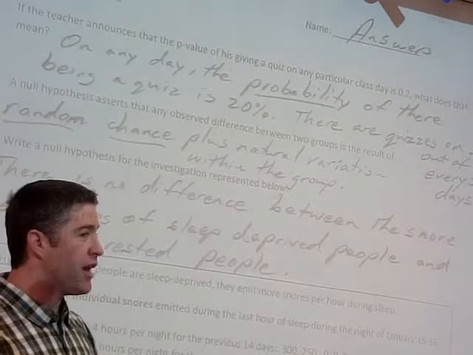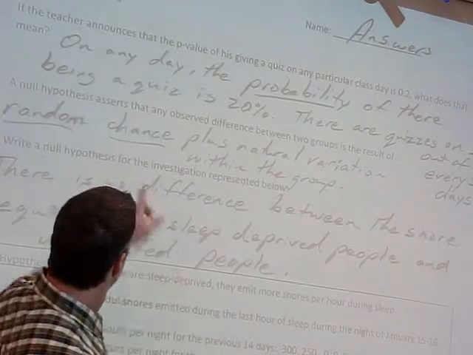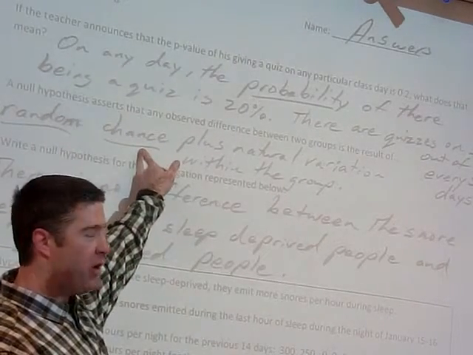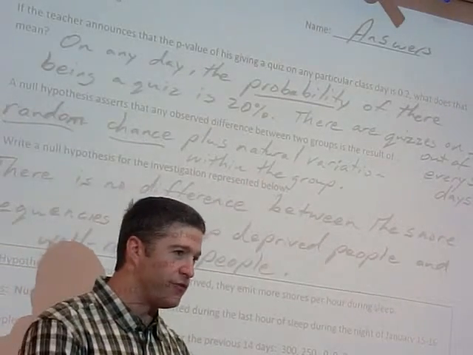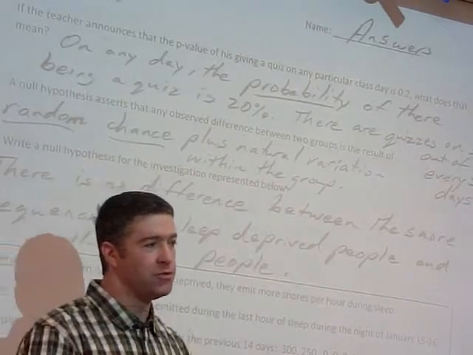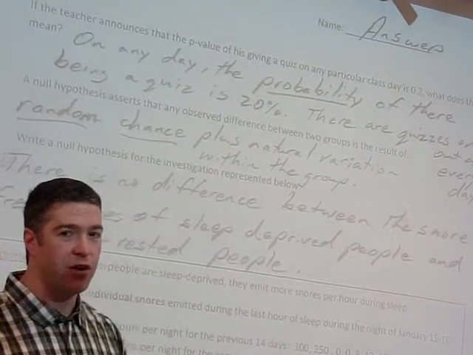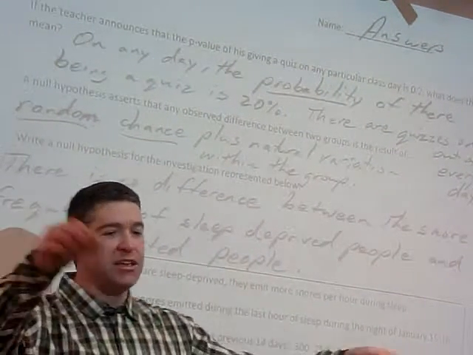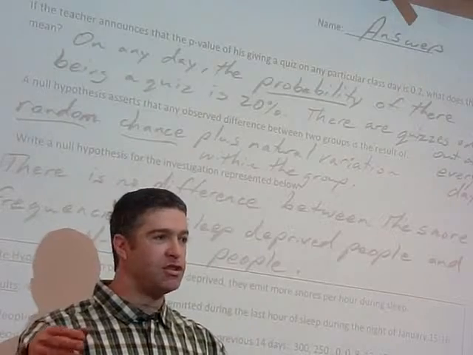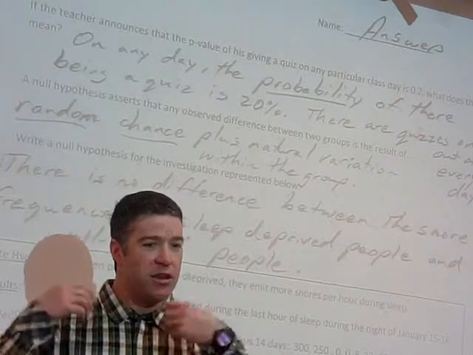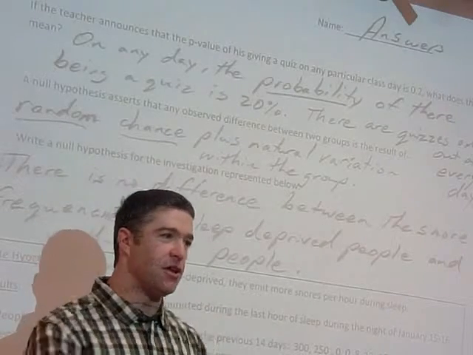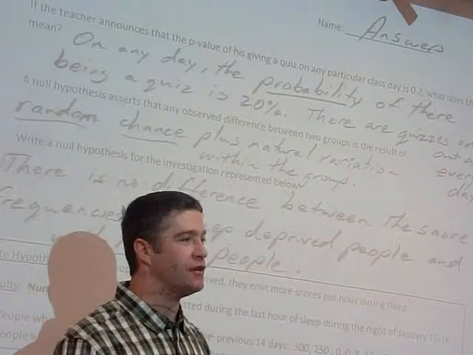It's possible that I could do that because there's random chance involved, and there's natural variation. Some boys have longer eyelashes, some boys have shorter ones. Some girls have longer ones, some have shorter ones. When you have natural variation, and you randomly select from groups with natural variation, it's possible that you might just happen to select all boys with longer eyelashes and all girls with shorter, even if there's no difference.